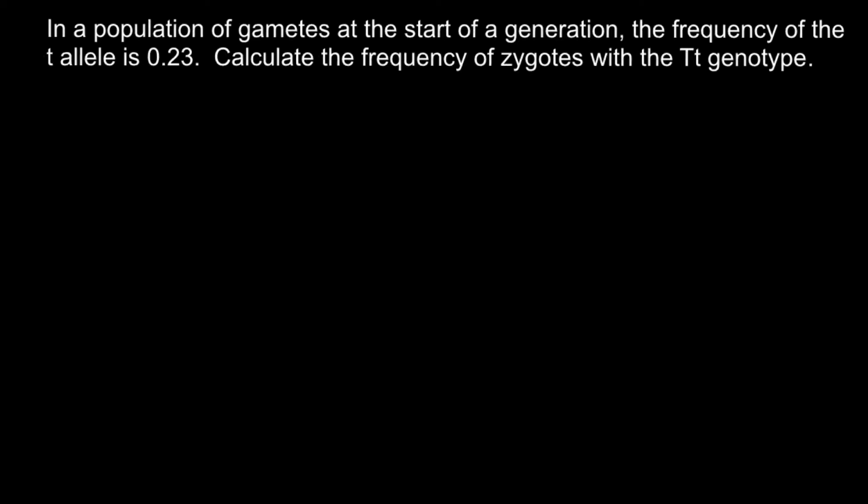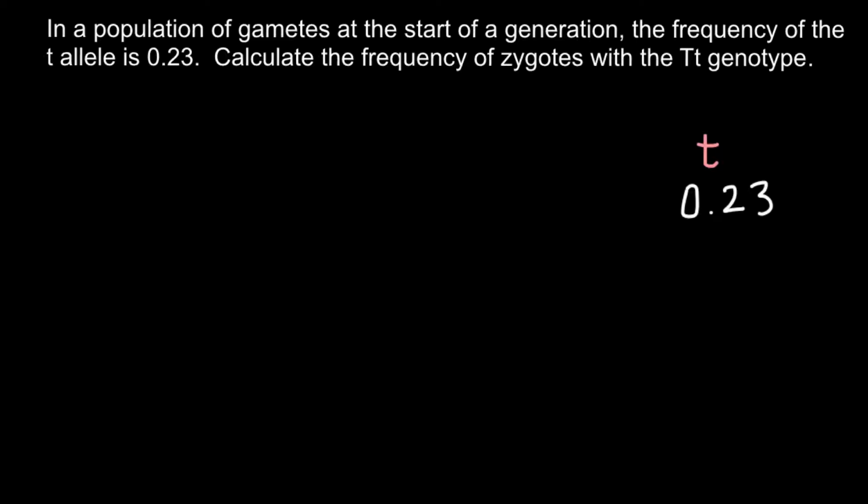So, we are given a frequency of the recessive allele, which equals 0.23. So this is recessive allele t with a frequency of 0.23. What does this information tell us?